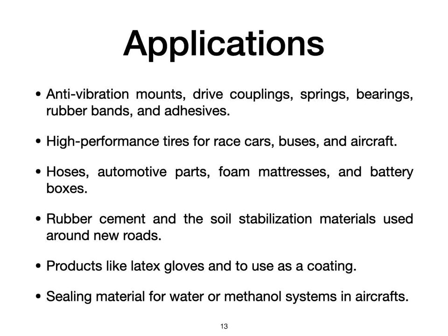Although it provides an excellent seal for many applications, it swells and often softens in all aircraft fuels and in many solvents. It is used as a sealing material for water or methanol systems in aircraft. But comparatively, natural rubber deteriorates more rapidly than synthetic rubber.